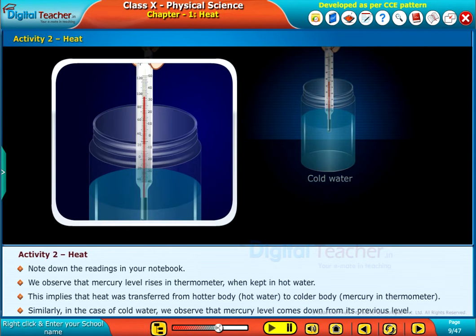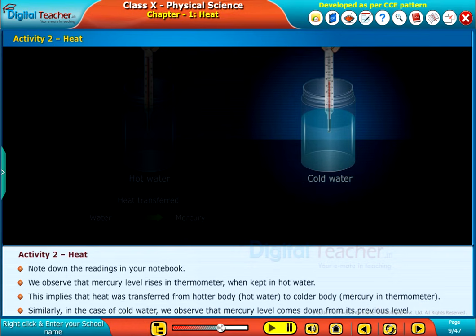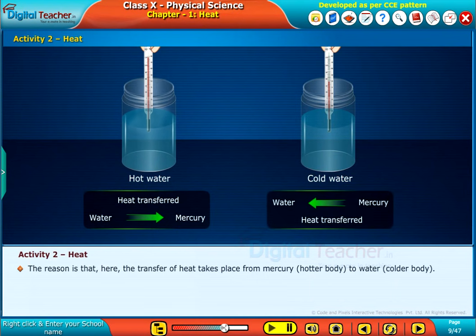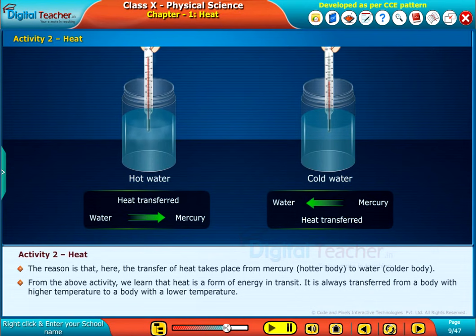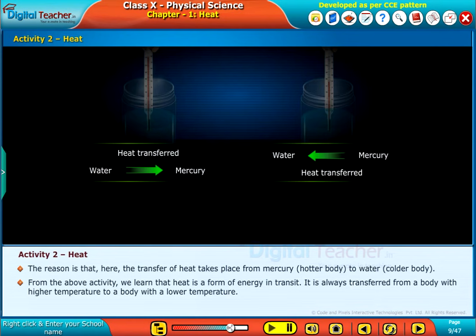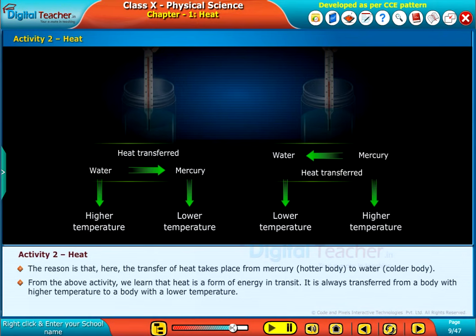Similarly, in the case of cold water, we observe that the mercury level comes down from its previous level. The reason is that here the transfer of heat takes place from mercury, the hotter body, to water, the colder body. From the above activity, we learned that heat is a form of energy in transit. It is always transferred from a body with higher temperature to a body with lower temperature.